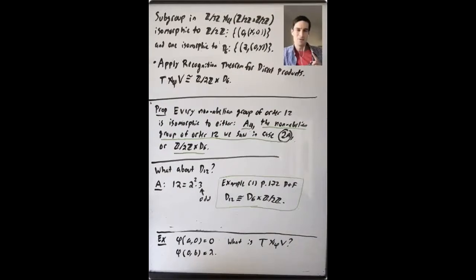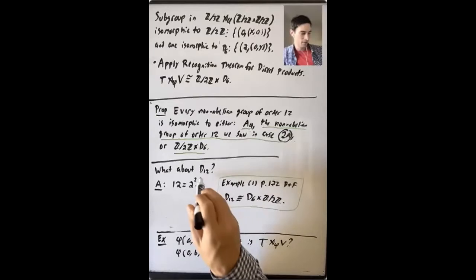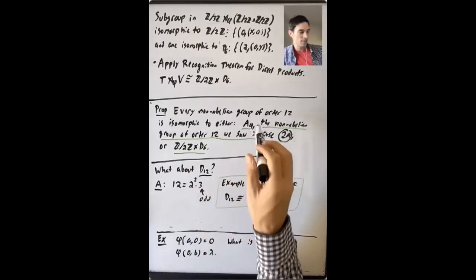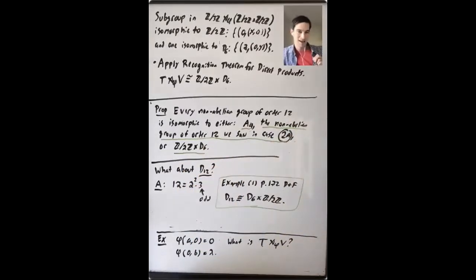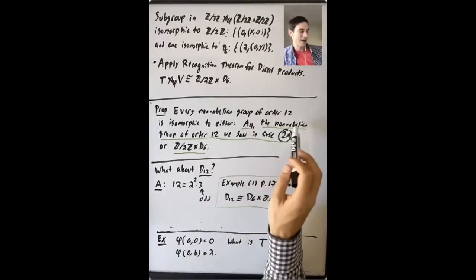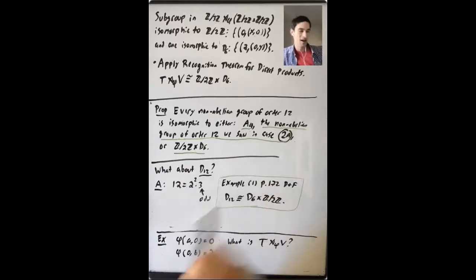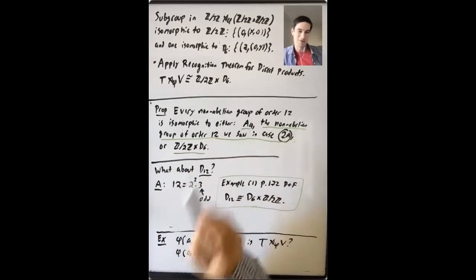All right, so there's one thing though, which is I know another non-abelian group of order 12, which is D12. So D12 has to be isomorphic to one of these three. And okay, well, we know that D12 is not isomorphic to A4. We already saw actually that it's not isomorphic to this non-abelian one from case 2a. So it has to be isomorphic to Z mod 2Z cross D6.